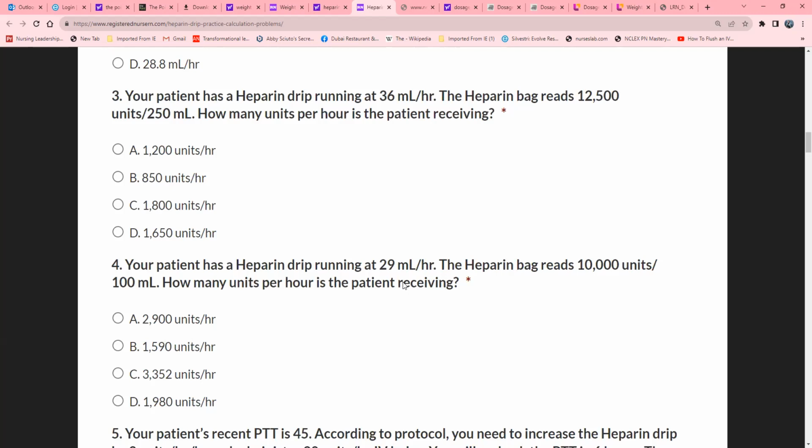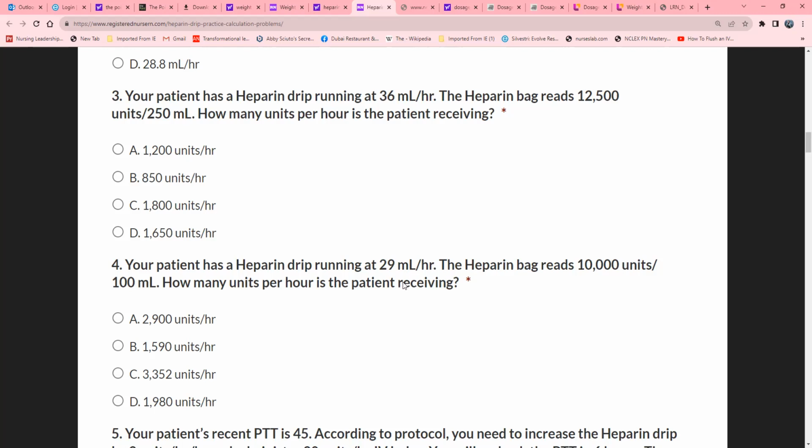Okay, so it's asking how many units per hour the patient is receiving. For this one, remember, you have what you need right in the statement there. First you have to calculate how many units per mL. How many units do we have per mL? 50.